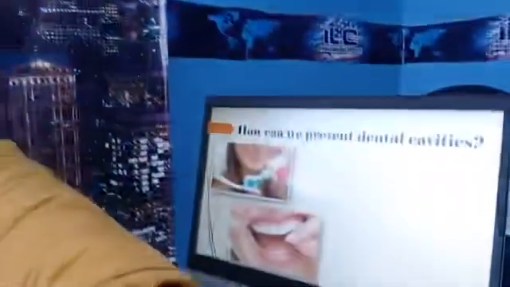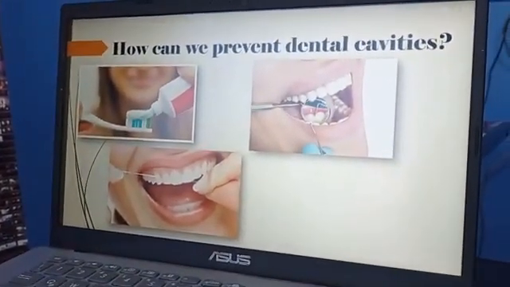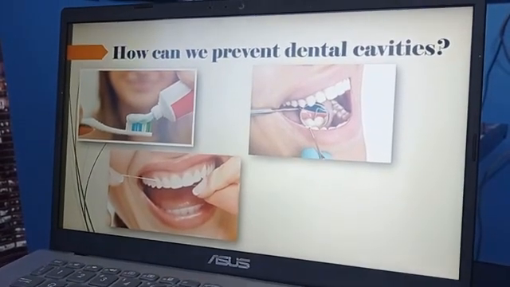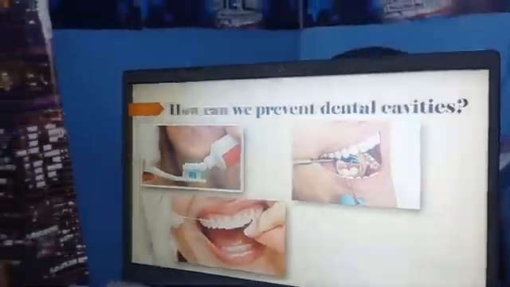Also, use toothpaste, better with fluoride. Go to the dentist regularly because early diagnosis will help us prevent major problems. Change your toothbrush every 3 months.